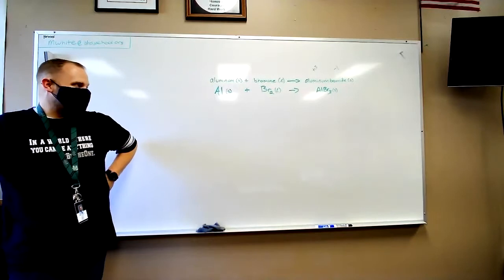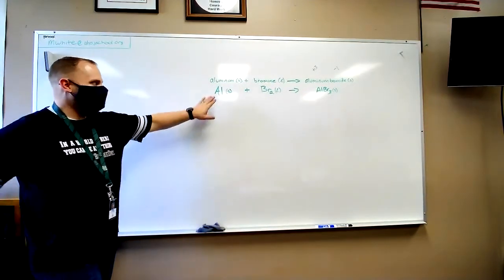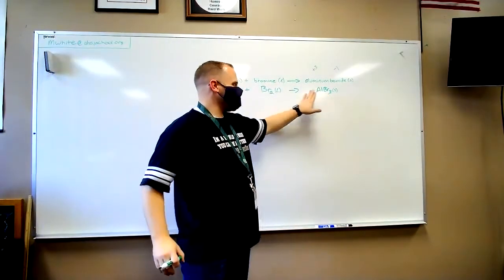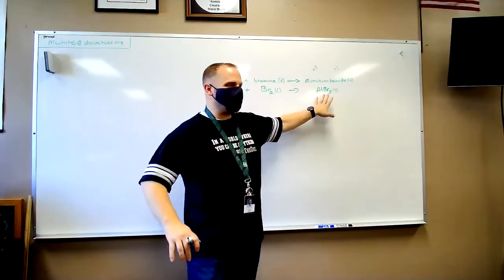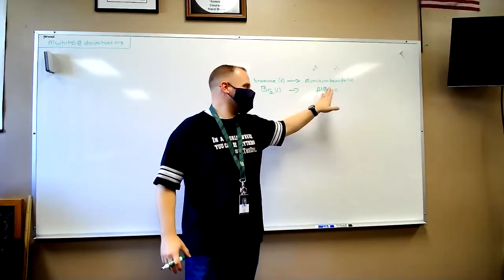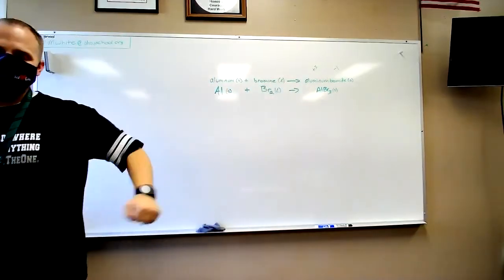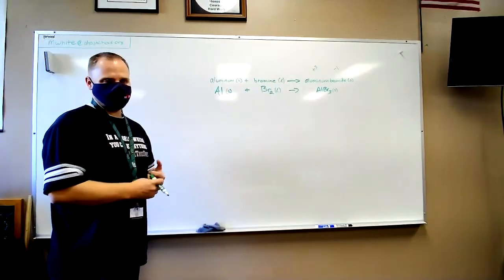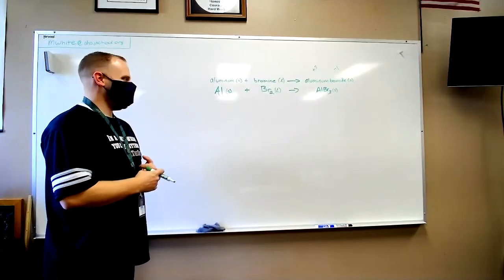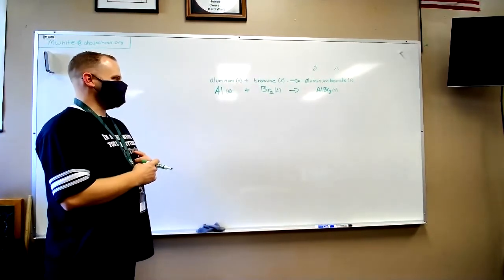So the only thing that we can change is how many of each one of these we have. You need to think of these as complete units. And you can only deal in complete units. Okay?